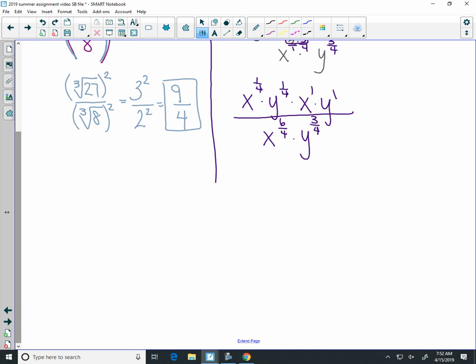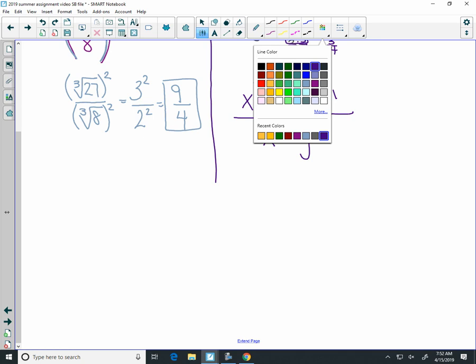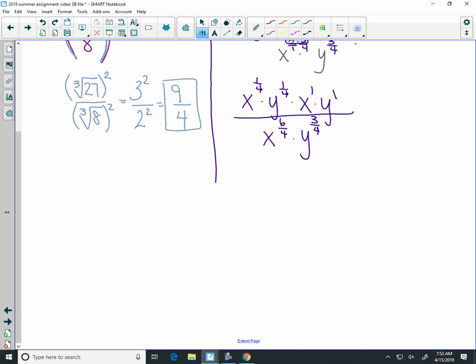The last thing I'm going to do here is change these ones so I have a common denominator. First, I'm going to add in my numerator, so I'm going to change these first powers to 4/4, because when I have the same base and I'm multiplying, I'm going to add those exponents.